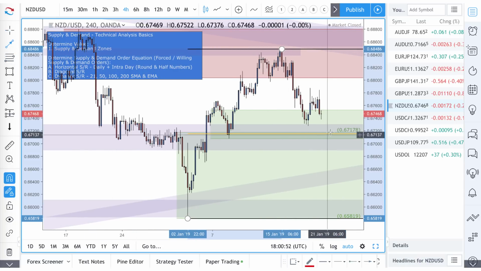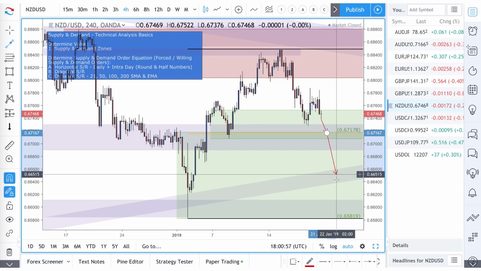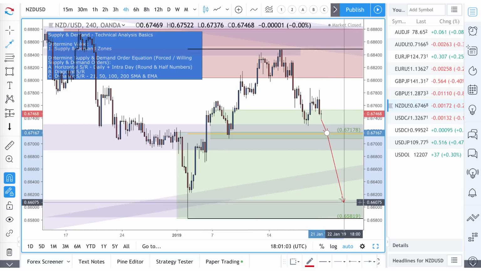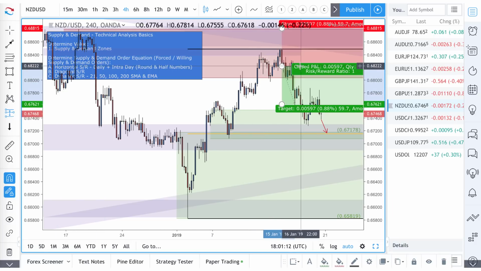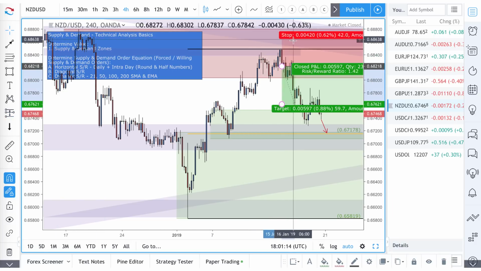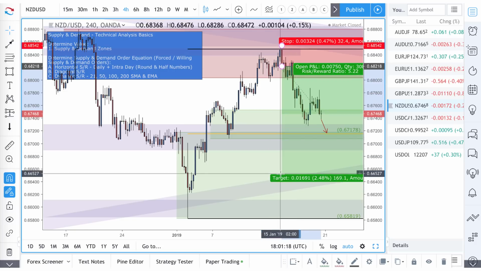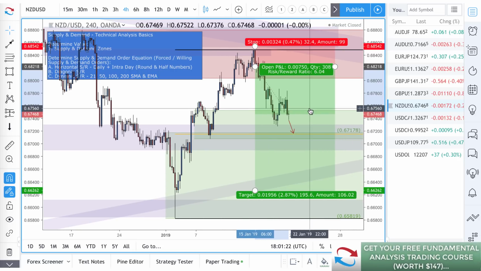So second targets will either be here, but I think it's probably going to end up coming down to somewhere around here, the 66 to 66.0 level. So I'm going to be holding, and this is a nice risk reward, probably around the 6-to-1 trade on the second position.